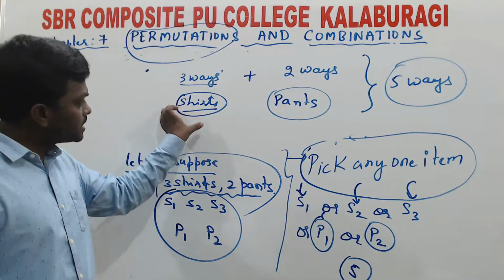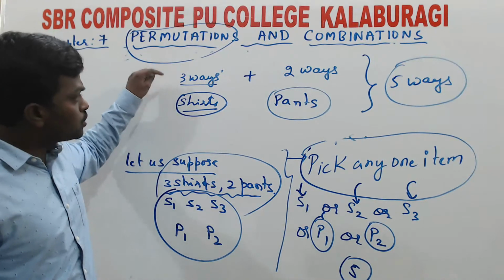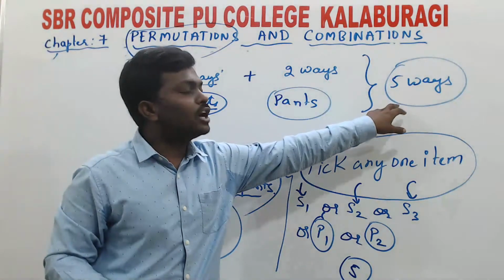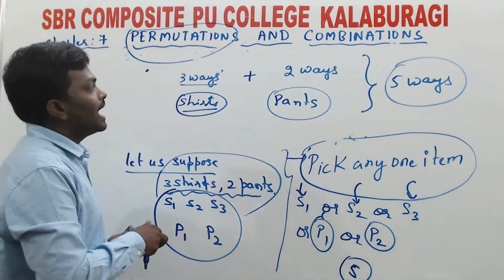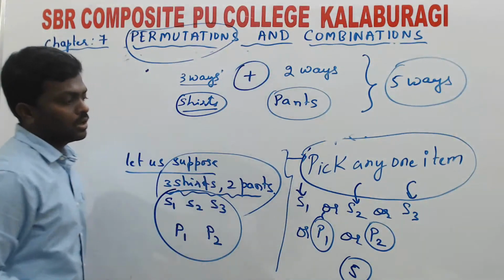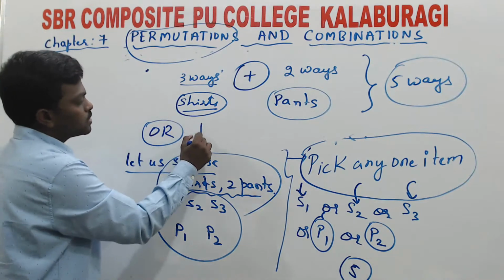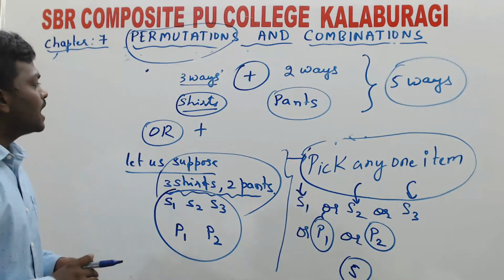Shirts can be picked in three ways, either S1 or S2 or S3, and pants he can pick in two ways. So the total number of ways is five. This is nothing but our addition principle. Always remember, wherever "or" comes, we definitely need to use addition.